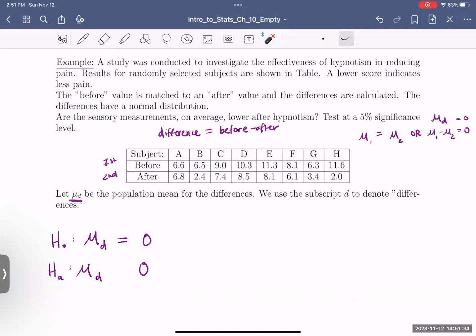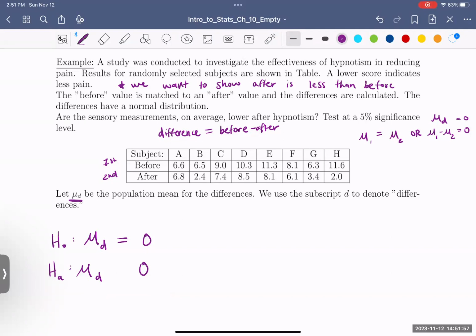What we are trying to show here is that the after is lower than the before. We want to show that it does decrease pain. We want to show after is less than before.